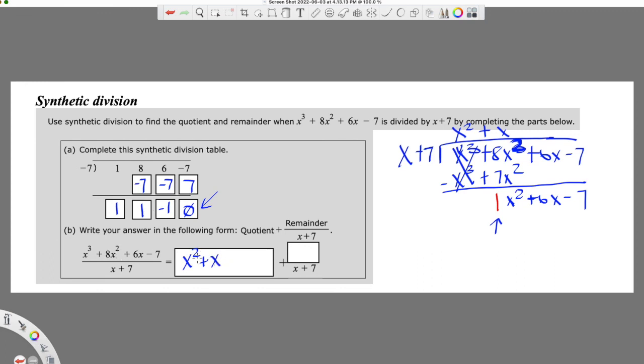This would be a 1, but we don't need to put the 1 there. And then 6 doesn't have an x anymore, and now it's -1. So this is my new polynomial, and when we divide it down, this is what we get, and we had a remainder of 0. If this wasn't 0, we would just put that number in for the remainder.